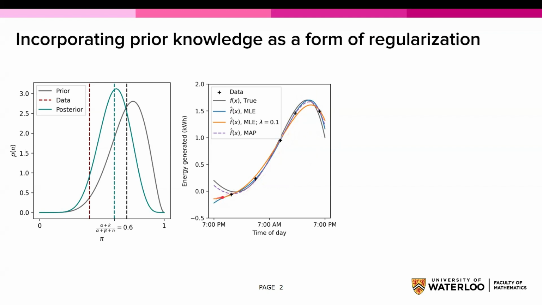Ridge regression is shown in orange, and then the MAP estimate, the maximum a posteriori estimate, that we obtained by imposing a prior belief on the weights, is shown in purple. We also saw that ridge regression can be interpreted as imposing an isotropic Gaussian prior on the weights.